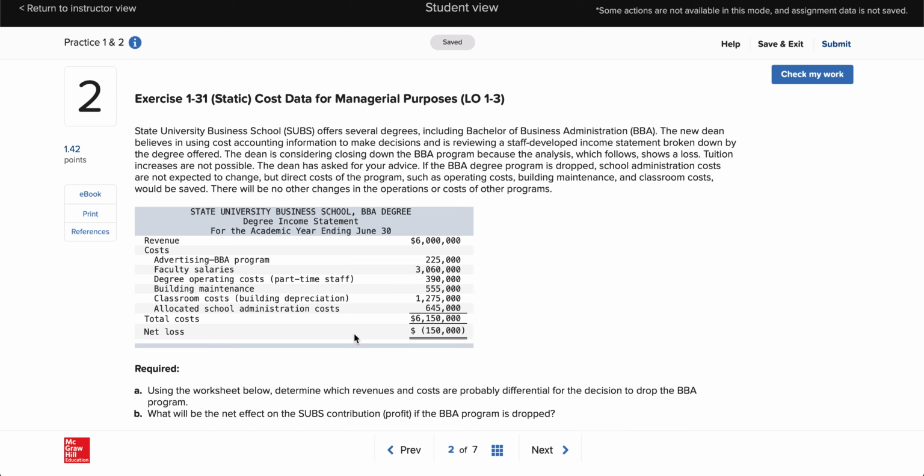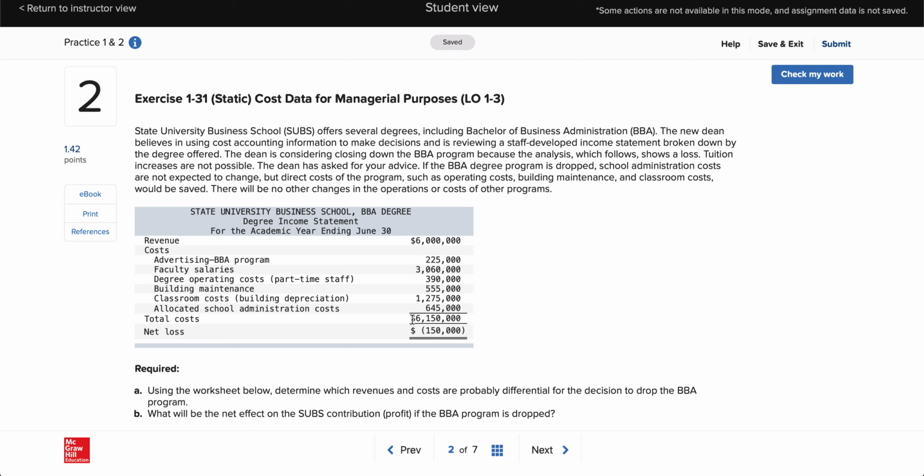The school actually believes in using cost accounting information, the new dean does, to make decisions, and is considering closing down the BBA program because the analysis shows a loss. And we see this is the analysis that we're looking at here. Tuition increases are not possible, and the dean has asked for our advice here.